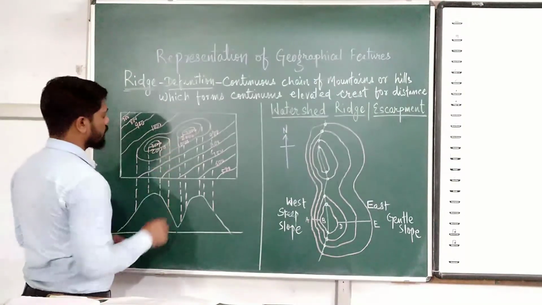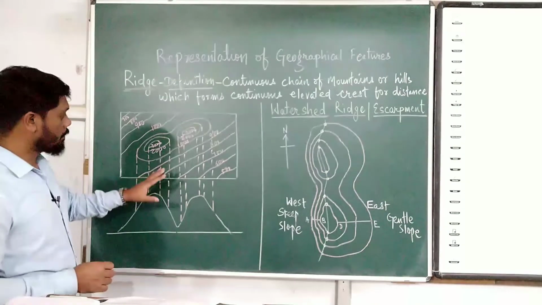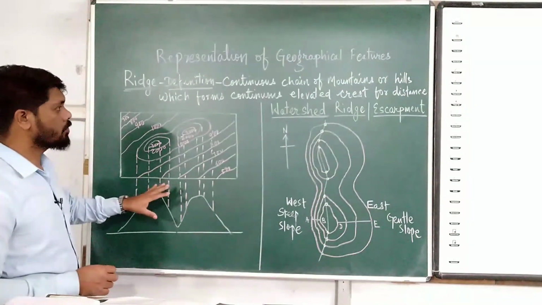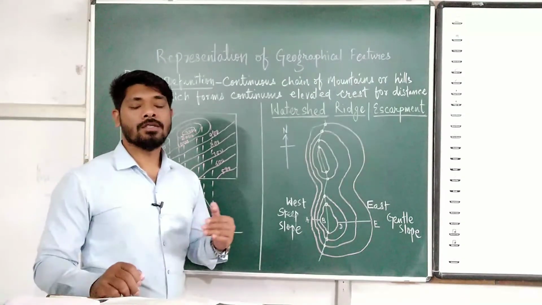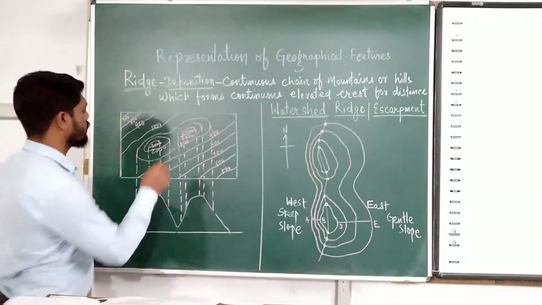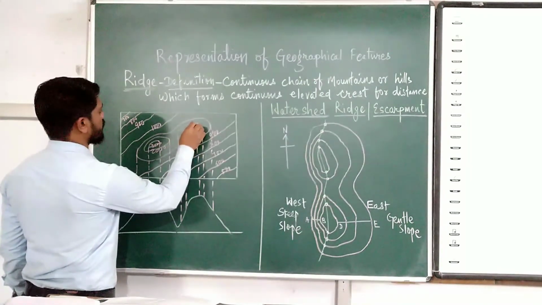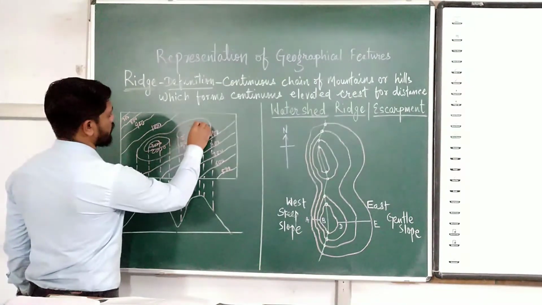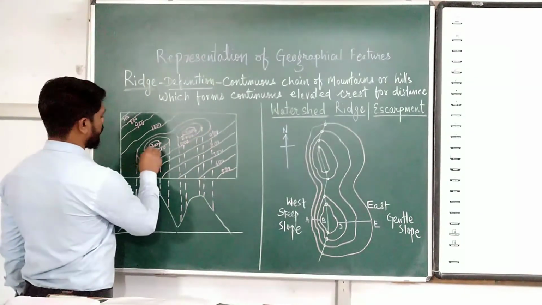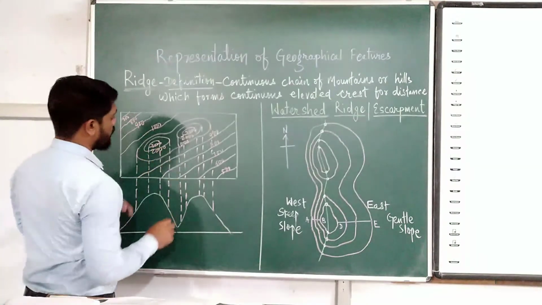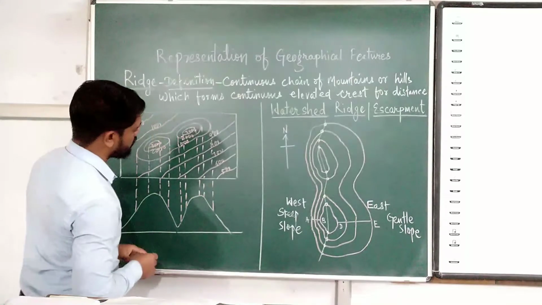This is 3000 meters high from the mean sea level, which means a chain of mountains. We need to understand and interpret that this is a ridge. The two eyes show two elevated peaks, and then the contour lines on both the sides.